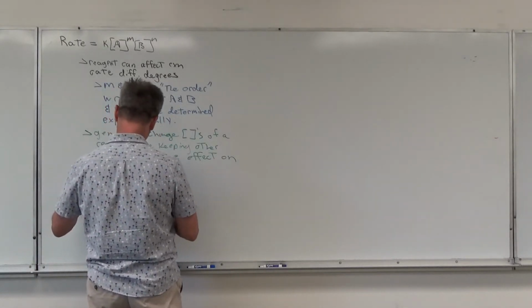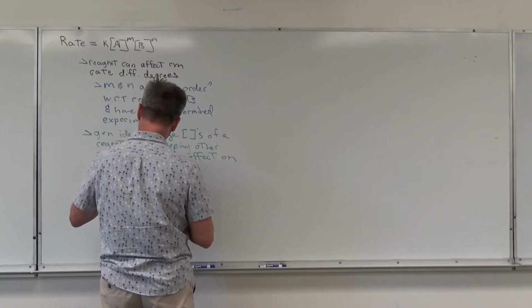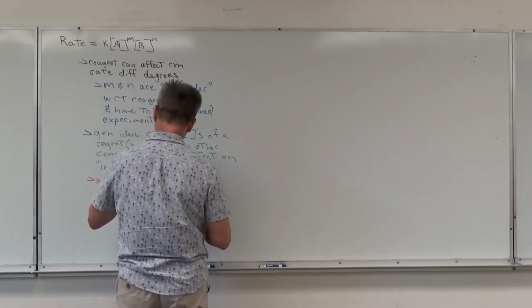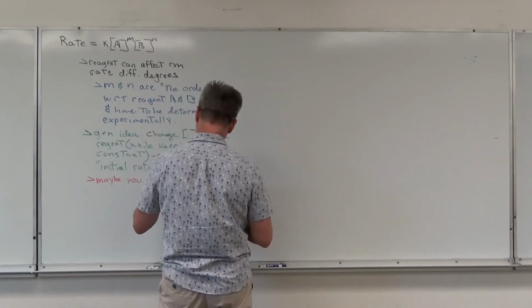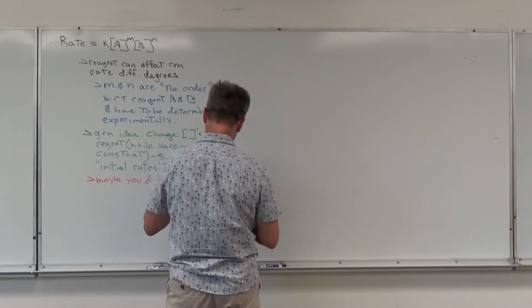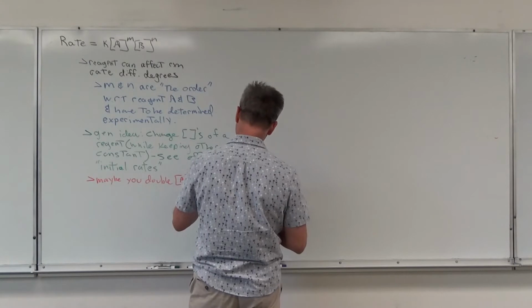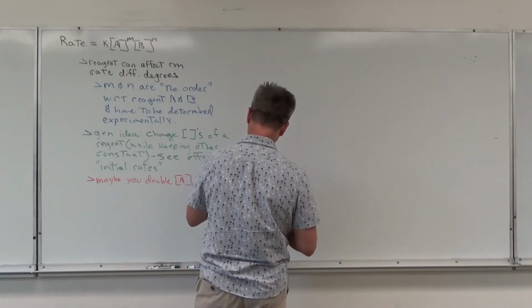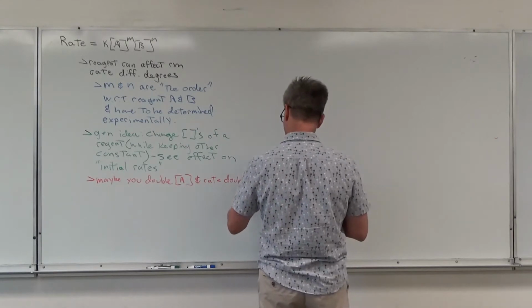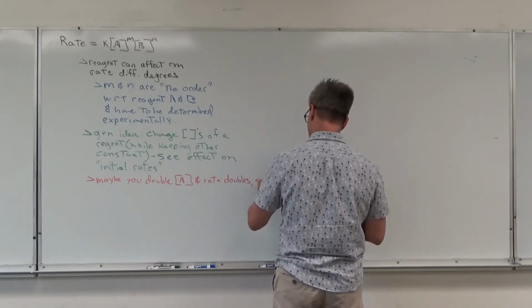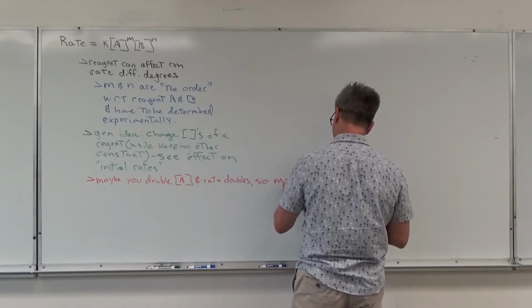Now, maybe you double A, and as a consequence, the rate doubles. So M must equal 1.